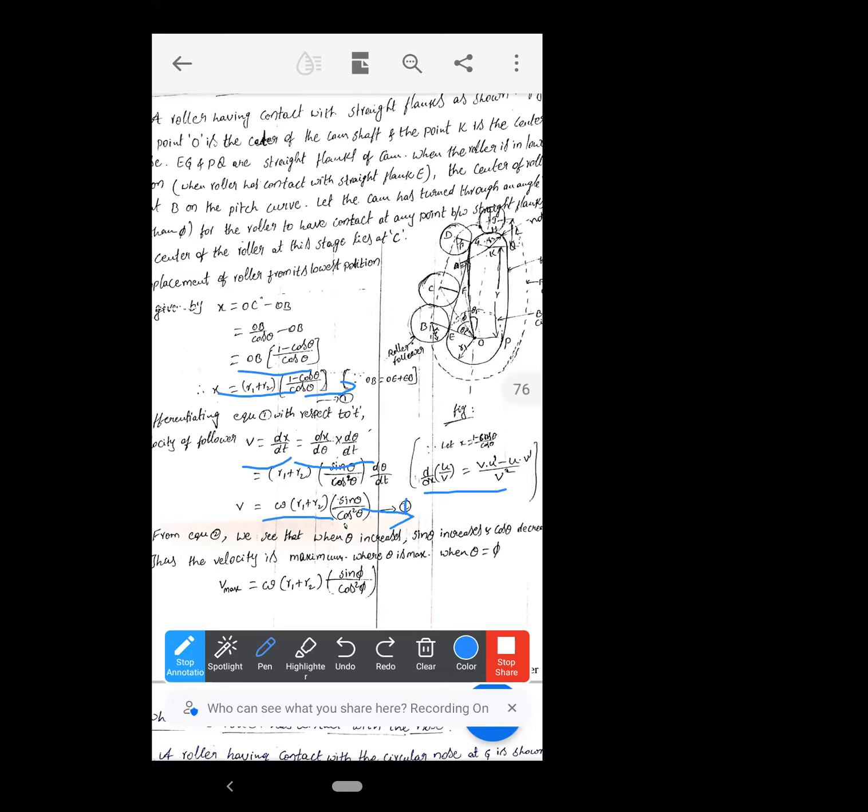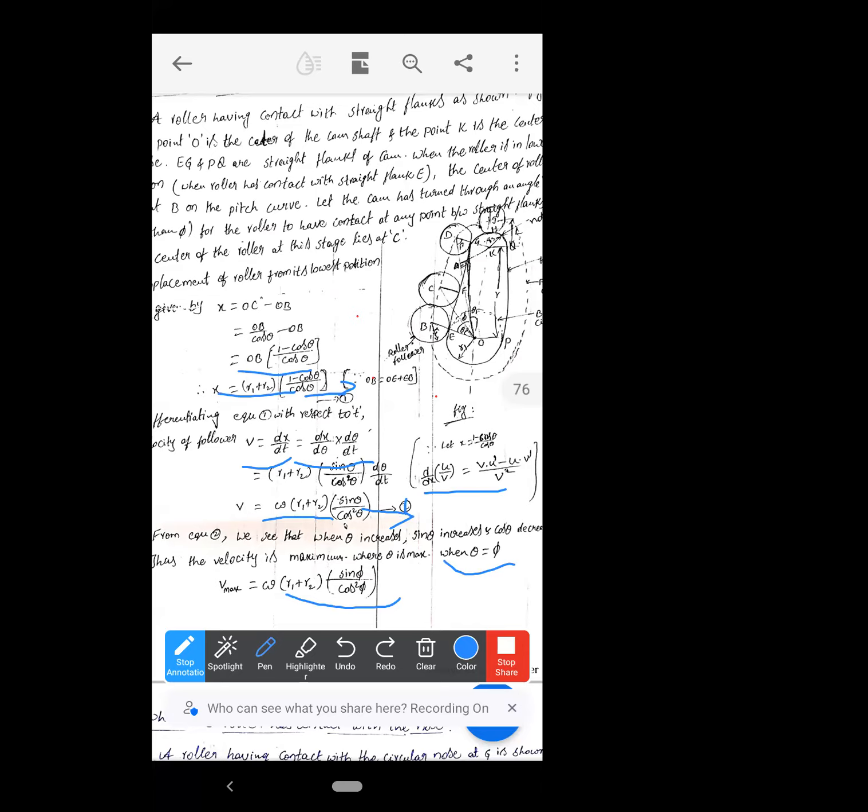But when it goes to pi, it reaches the topmost position. So the maximum angle is pi. We substitute theta with pi to get our maximum velocity. So Vmax equals omega into (r1 plus r2) into sin pi by cos square pi. So that is the maximum velocity.